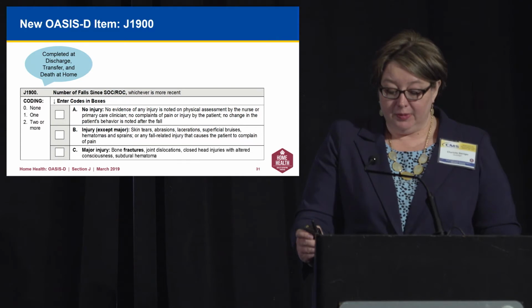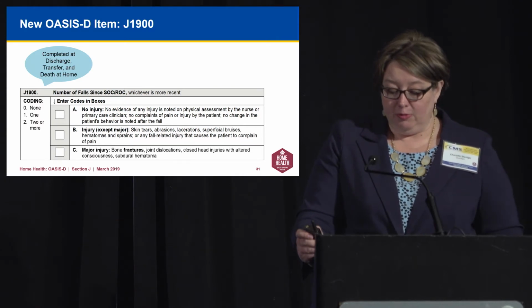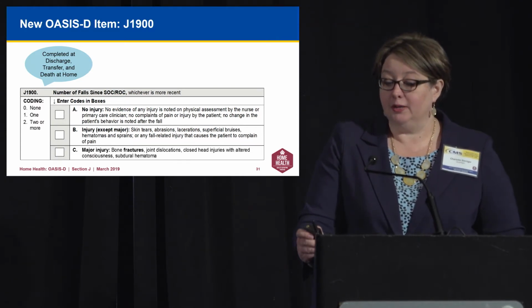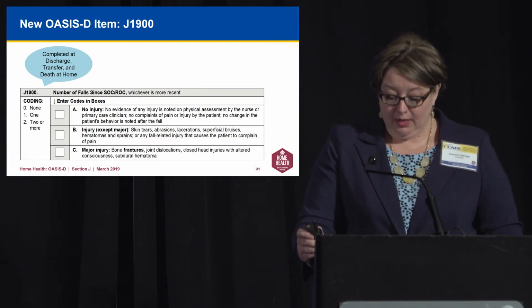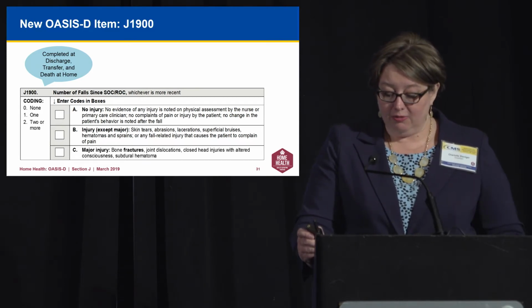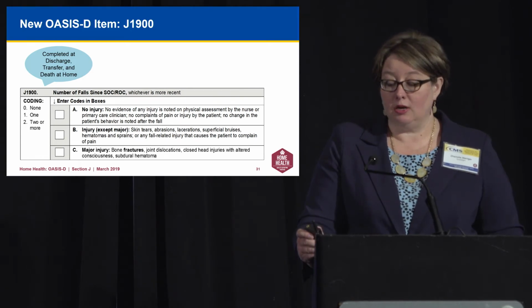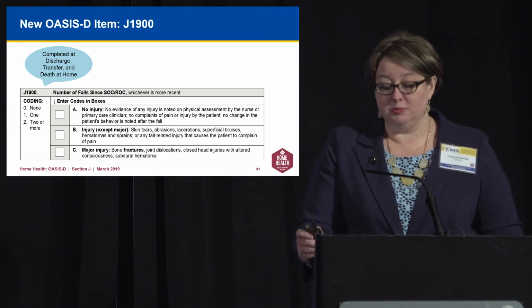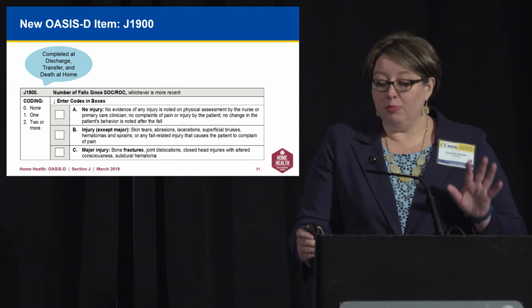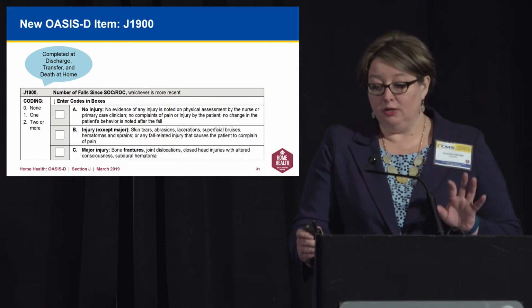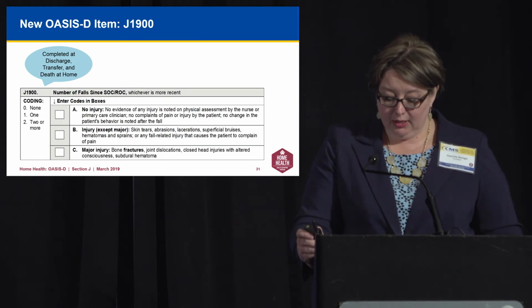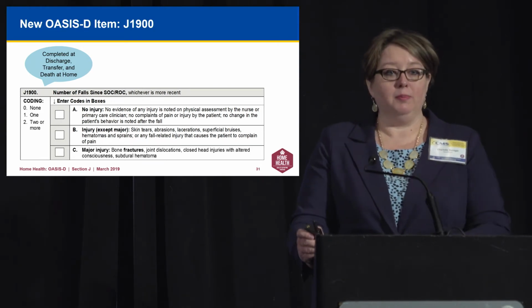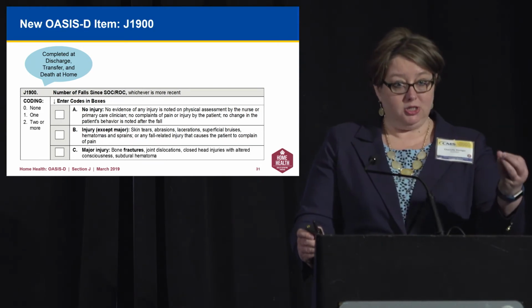Okay. So again, this is the new OASIS-D item, J1900. It's completed at discharge, transfer, and death at home. And it asks the number of falls since the start of care, resumption of care, whichever is more recent. And remember, you've got the 3 boxes, and you're going to put a code in each one of those boxes. Now that we know we have a fall, remember, the 1800 is your gateway question.